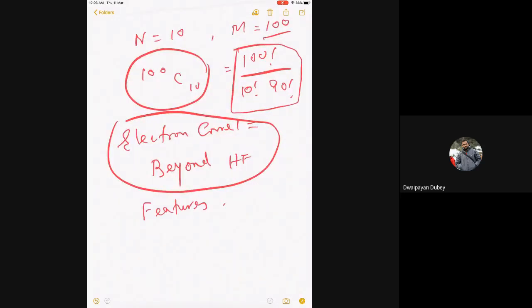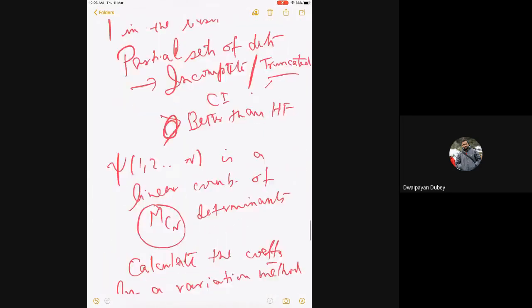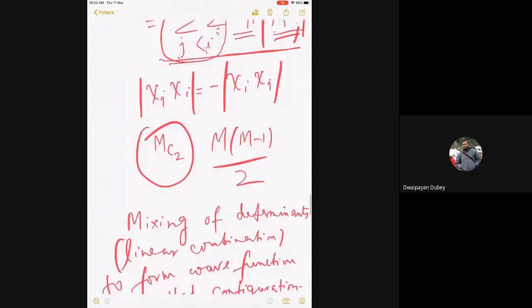Even before we go to perturbation theory, there are certain qualitative features which I deferred deliberately at this point. We'll do certain features of electron correlation and then go to the perturbation theory. Okay? All right. So we'll meet at 3 p.m. tomorrow to continue the CI.